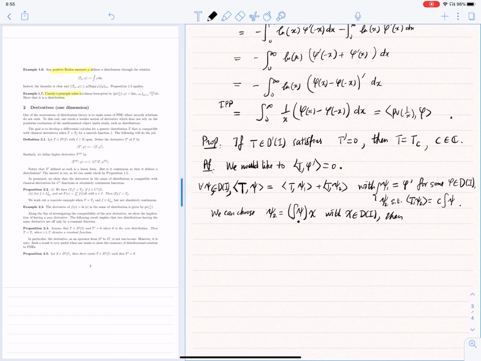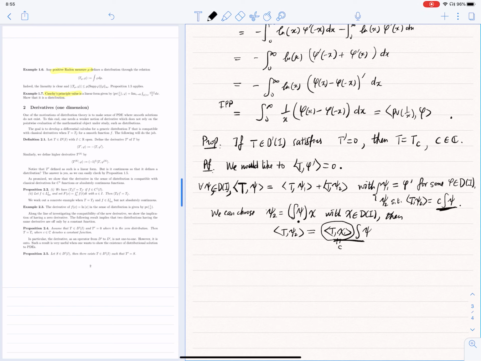Then necessarily T psi 2 is equal to T chi times the integral of psi, by linearity. We are pretty close: this is exactly what we wanted for a generic constant. This constant will be the value C.